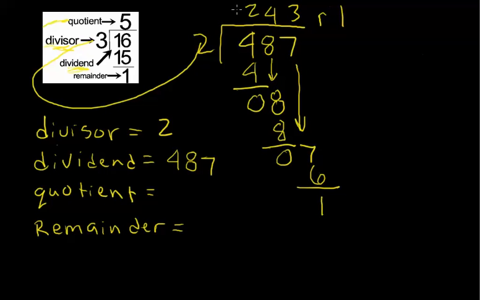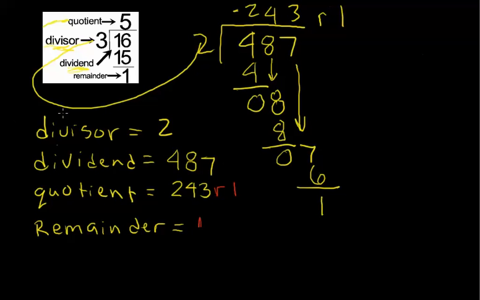The quotient is actually the whole answer, including the remainder, but for this exercise, to be consistent, we'll say that this is 243, with a remainder of 1. And now finally we'll put the remainder down here, and the remainder is 1.